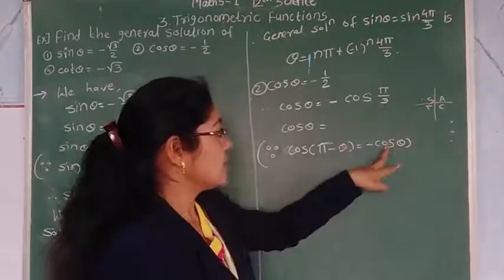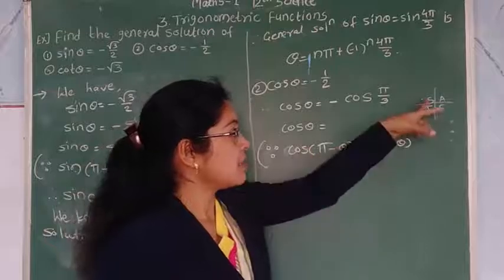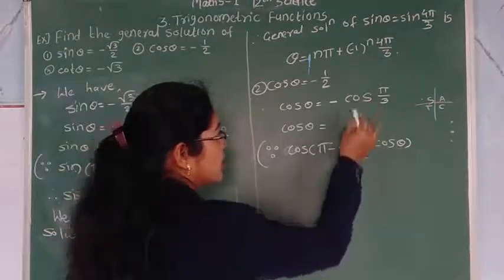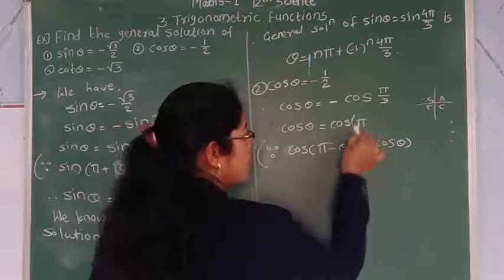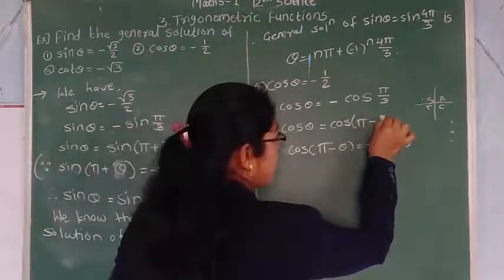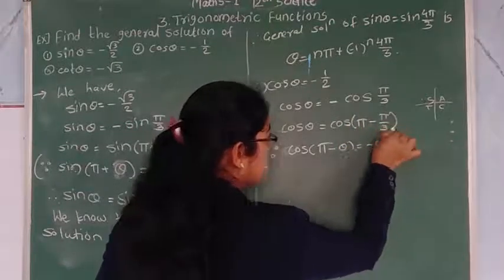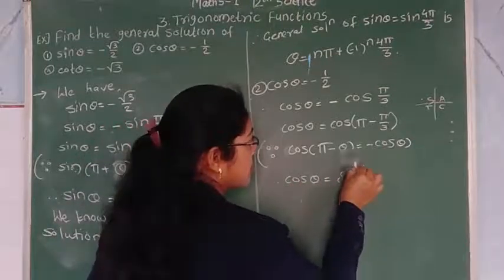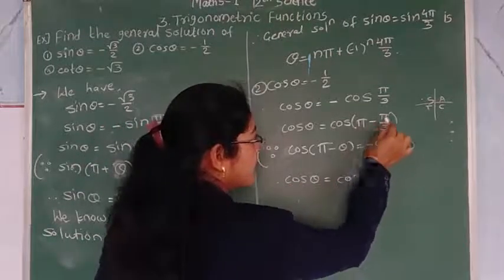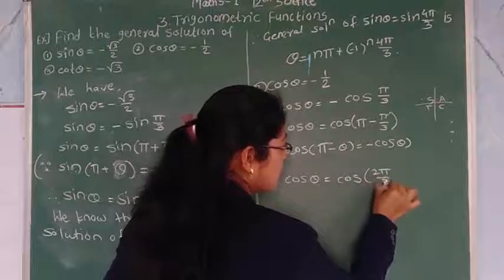Second quadrant cos is negative, so cos of pi minus theta is minus cos theta. Here theta is pi by 3, so pi minus pi by 3. Therefore cos theta is equal to cos of, by cross multiplication, 3 pi minus pi, which is 2 pi by 3.